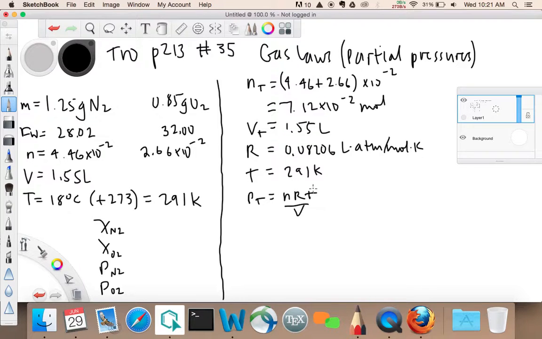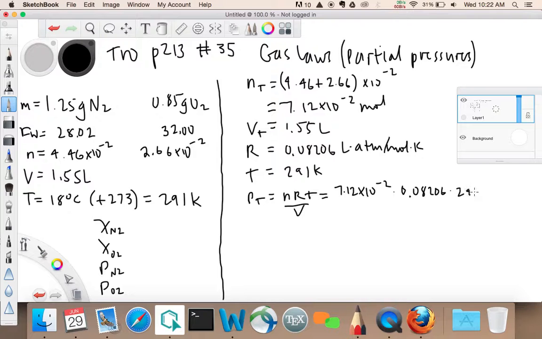And so P total is going to be nRT over V. You know where I get that? So N, we already have, 7.12 times 10 to the negative 2, times R, 0.08206. I'm going to leave the units out because I'm so careful with my units as I go along that I don't have to worry about it here. If I was doing a quiz or exam, I probably would put the units in, but because it's a video, I don't want it to be obscured by that.